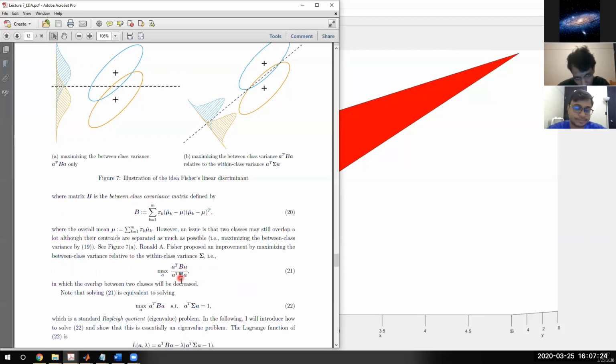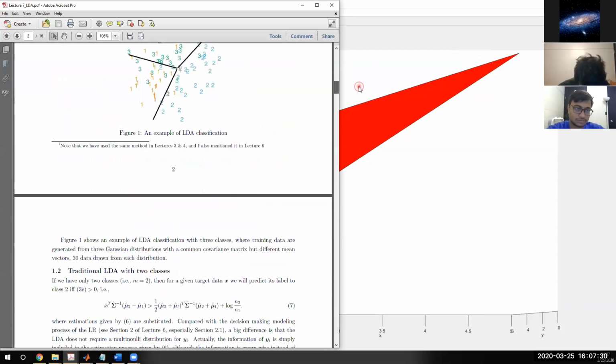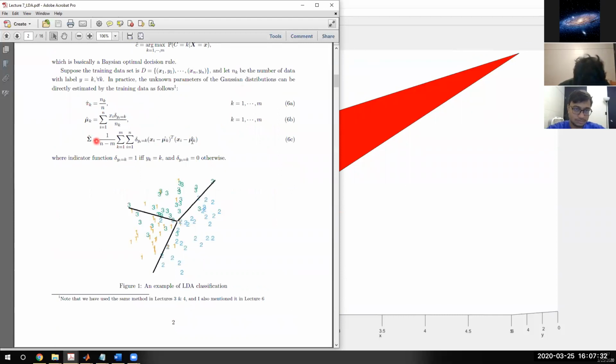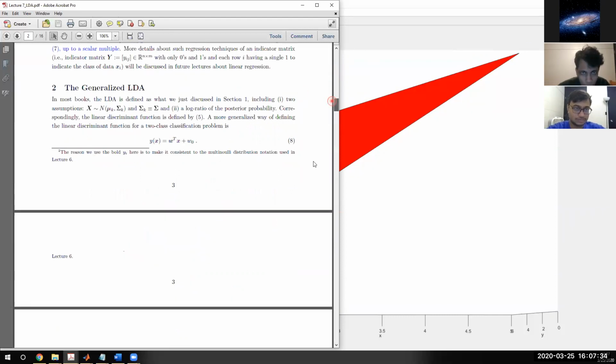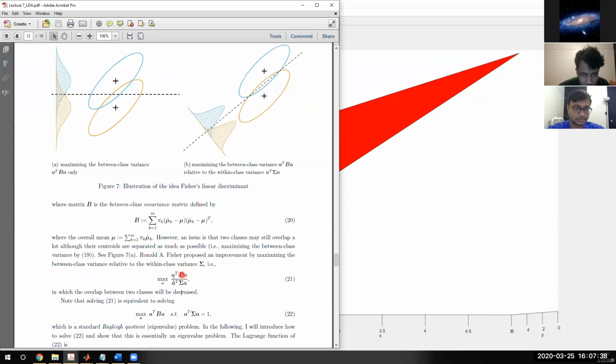In practice, you can estimate this sigma by sigma hat, using this way, using 6 again. Where's my 6? 6 is here. Okay, so of course, I assume this B and sigma are known here. Why? Because I can easily calculate them. Okay, so the question is, can I find a direction such that the between class variance relative to the within class variance is maximized?